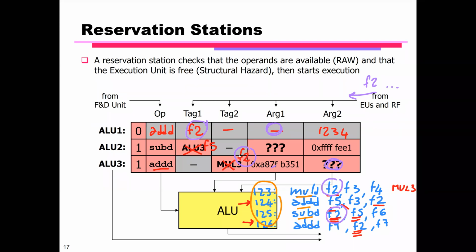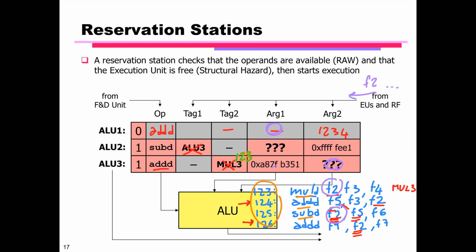So instead of putting these values as tags, I could put the PC of where I found the instruction, so that here I put 1, 2, 3.